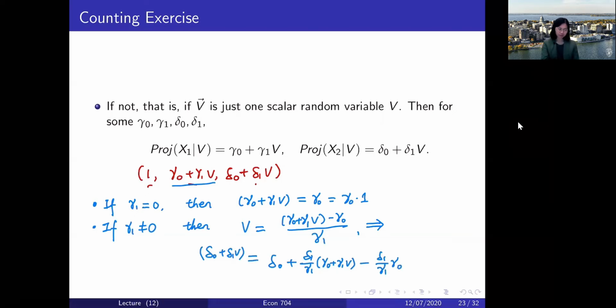See now? There is a perfect linear relationship between the third component, the second component and the constant. So there is perfect multicollinearity in both cases. So when there are two endogenous variables, we need two instruments.